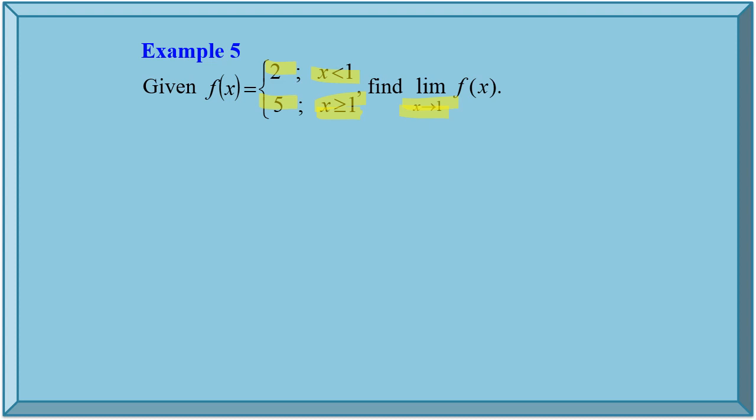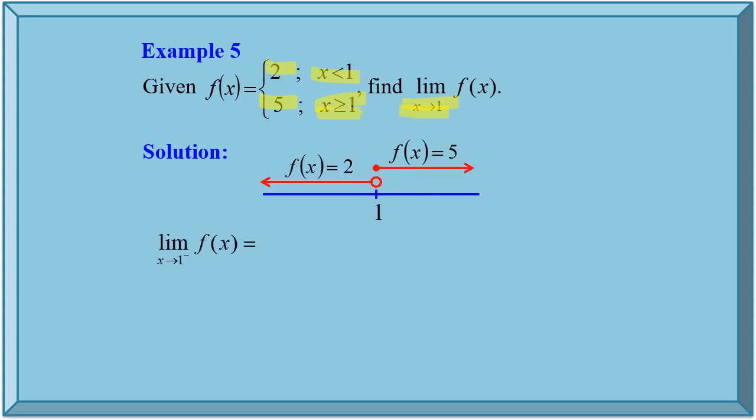But because they give it in a piecewise function, we need to check from the left side and from the right side. From the left side of 1, we have a function of 2, right? And from the right side of 1, we have a function of 5. So when x approaches 1 from the left side, the answer is 2, because it is a constant.